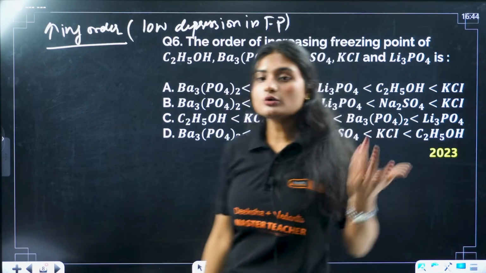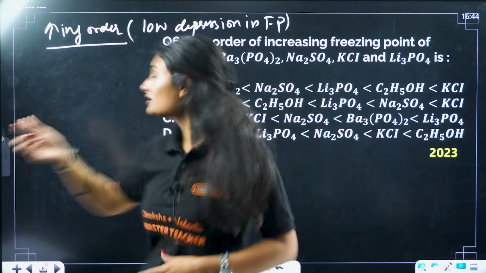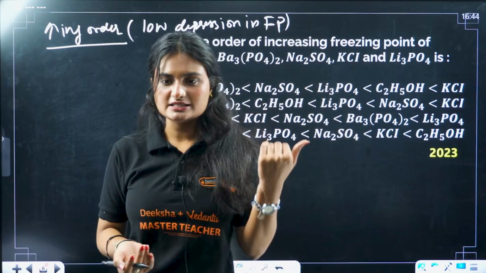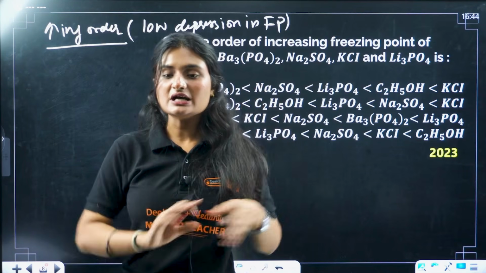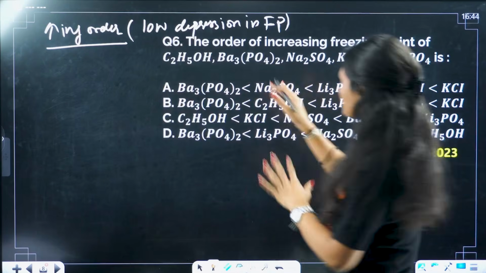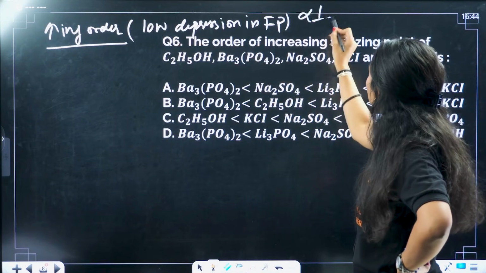We are talking about low depression. The lower the depression, the higher will be the freezing point. It's opposite for minus degrees, right? So the lower is the depression, higher is the freezing point. So here let's check. That means this increasing order is inversely proportional to I.